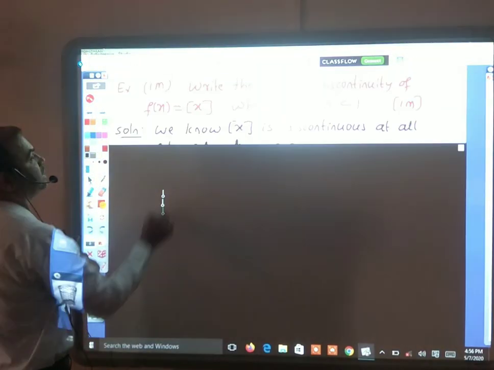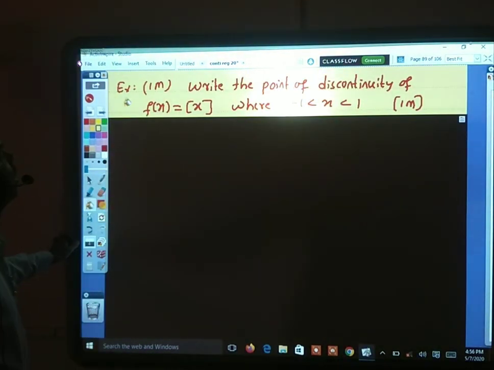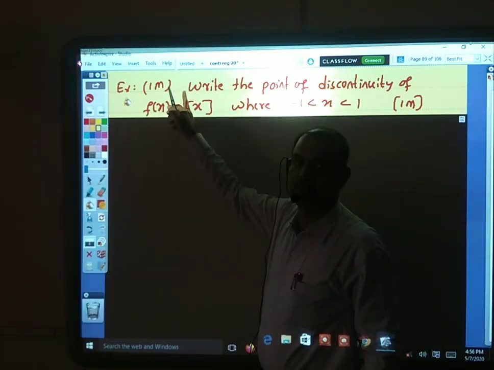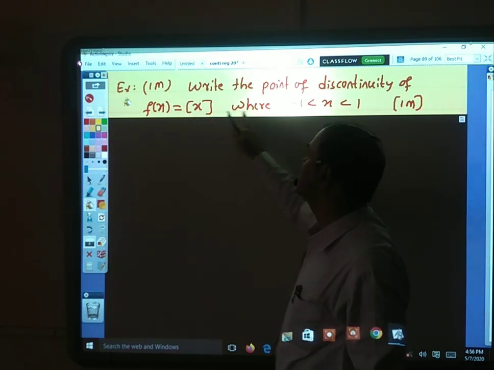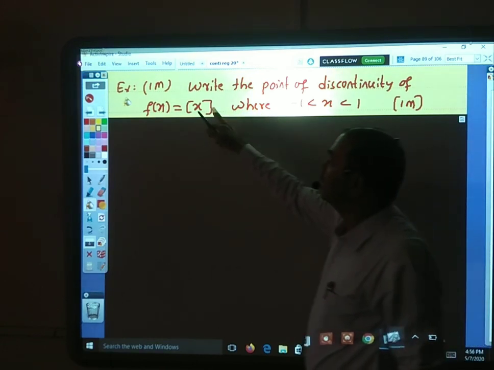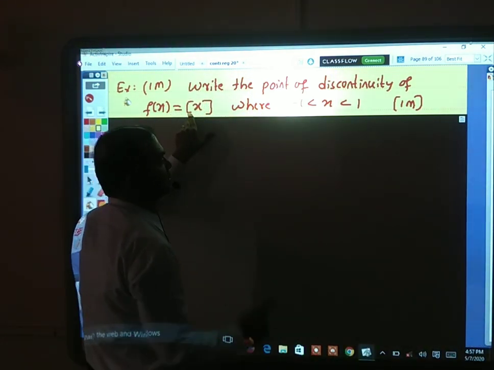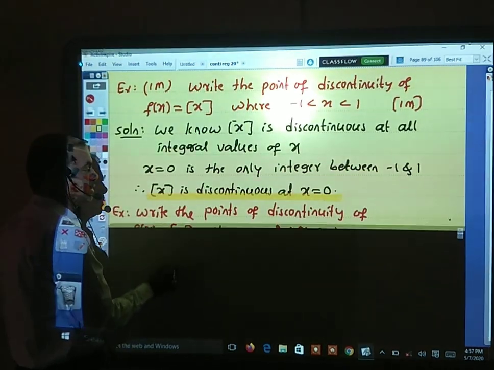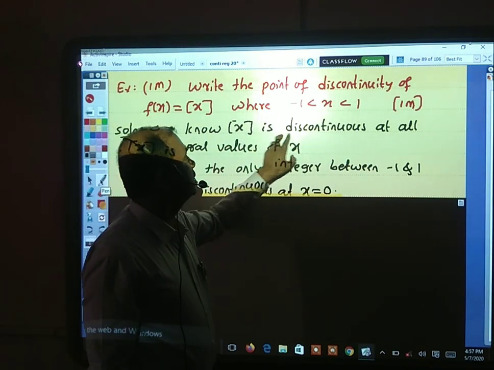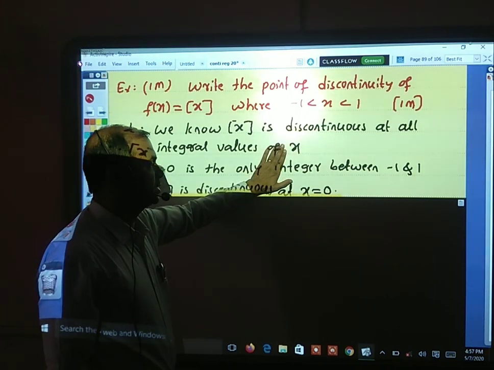Okay, see this question, just one more question. Write the point of discontinuity of the greatest integer of x, where x lies between -1 and +1. We know the greatest integer function is discontinuous at all integral values of x.